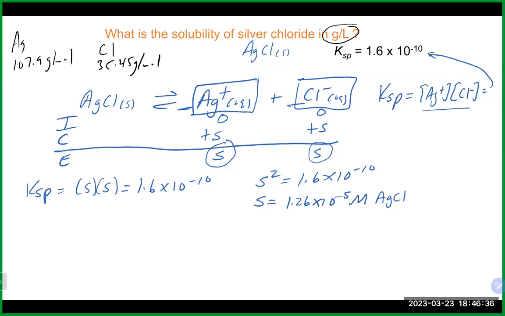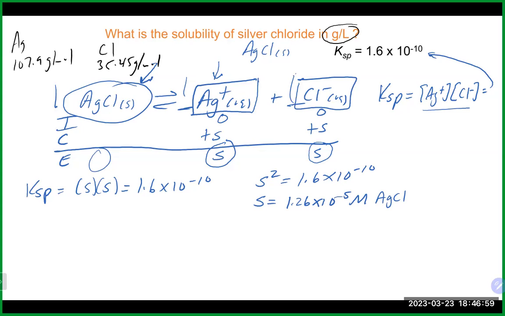And how come it is also the molar solubility of this guy? If we were to go from the molarity of silver to the molarity of silver chloride at equilibrium, it is a 1-to-1 relationship, which means it's the same number. Same thing with the chloride. It's a 1-to-1 relationship, same number.